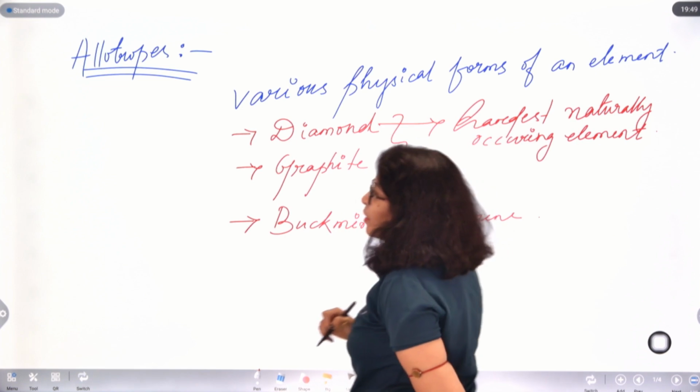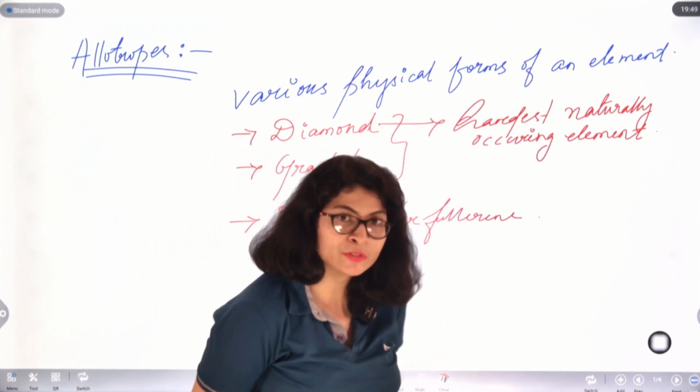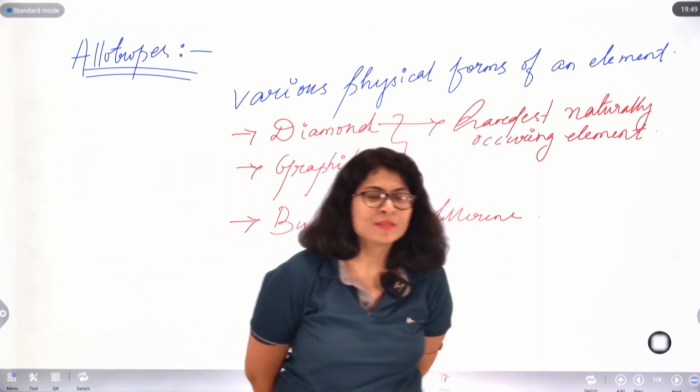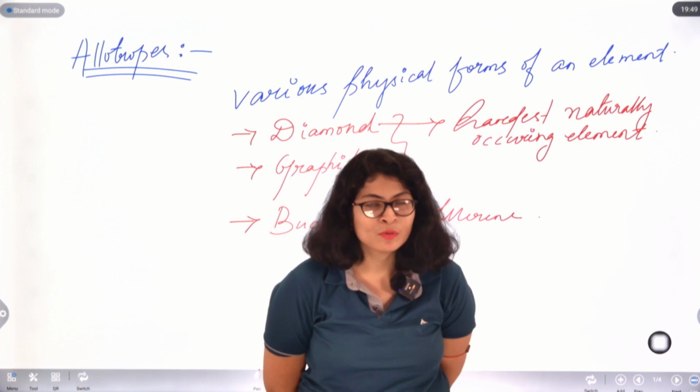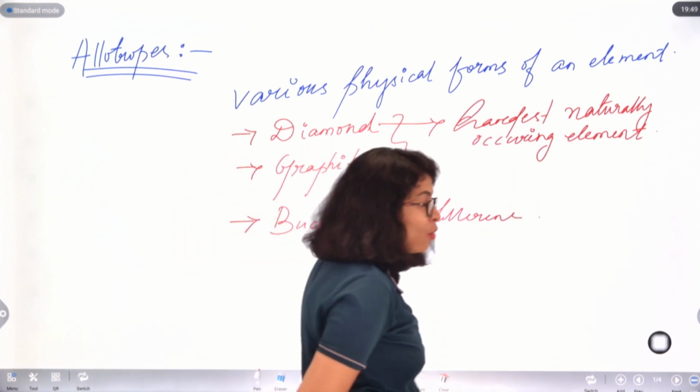Diamond is known for its very shiny surface, right? And being hard, diamond is used for various cutting, welding and these works. Basically, we are also using diamond in our ornaments.